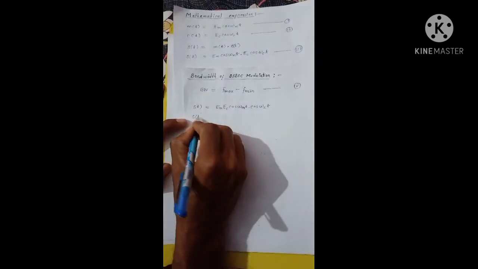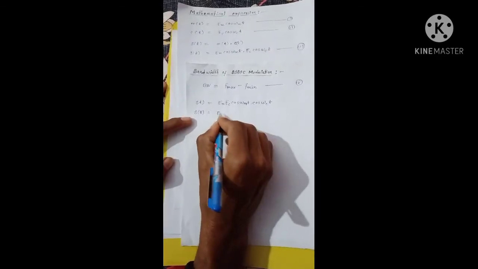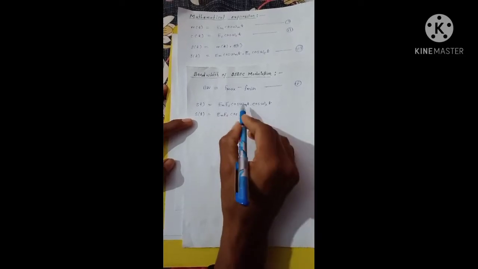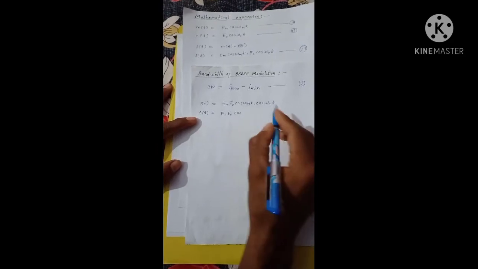And now s(t) is equal to Em Ec cos omega m t cos omega c t.